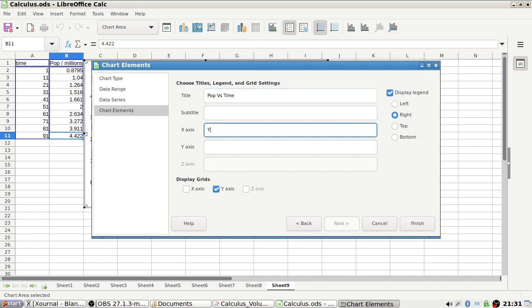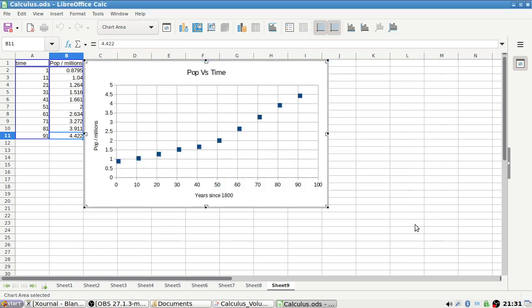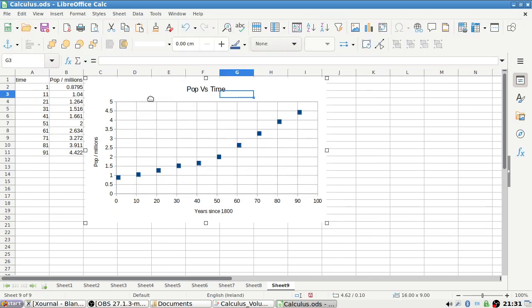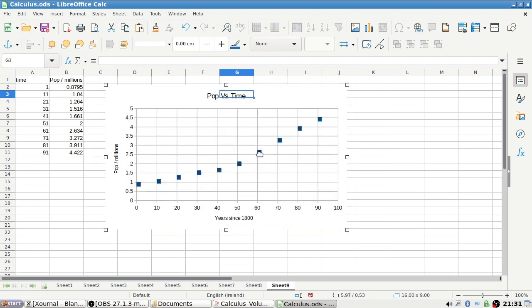Years since 1800, population in millions. Okay, let's move that over a bit. Oops, I have to add in my line. Come on, why are you so slow?